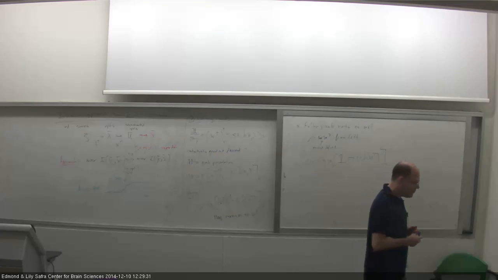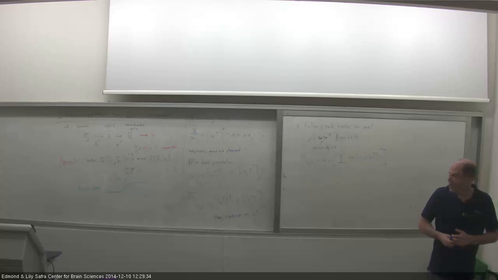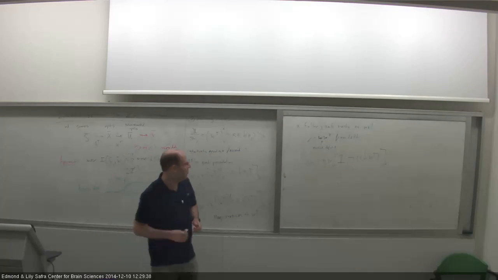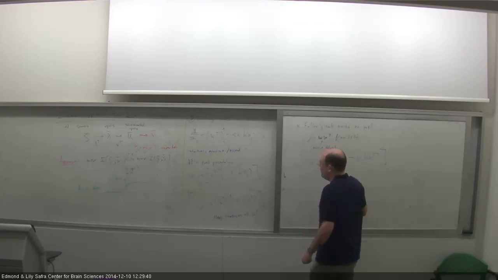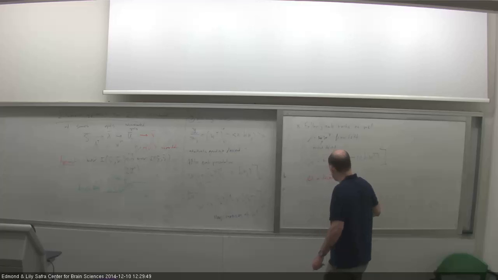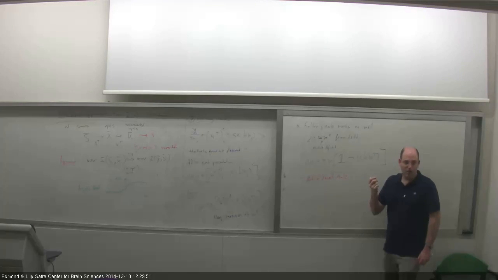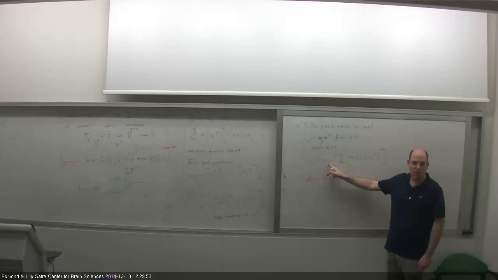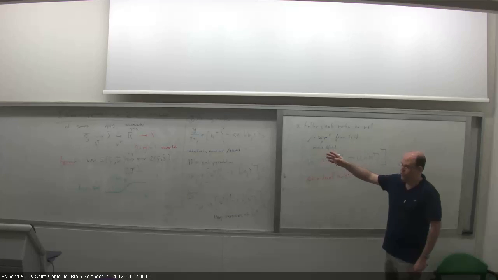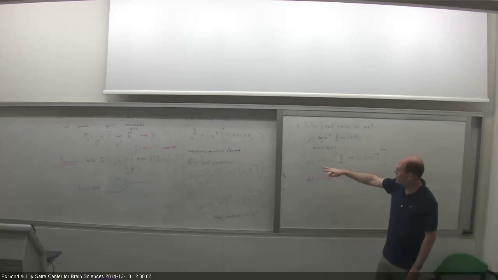Another comment that I want to make is that this rule is not a local rule, meaning that the change of Wij still depends on other weights, if we think about these as synapses.